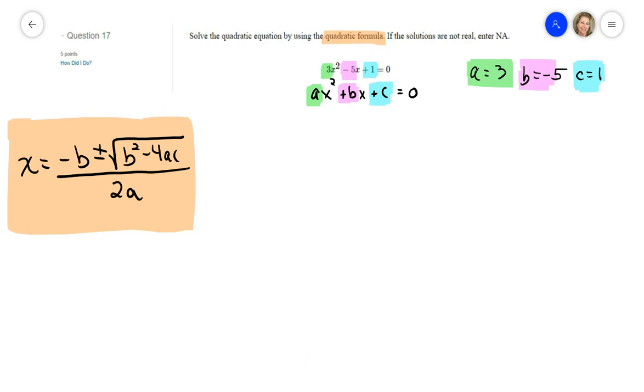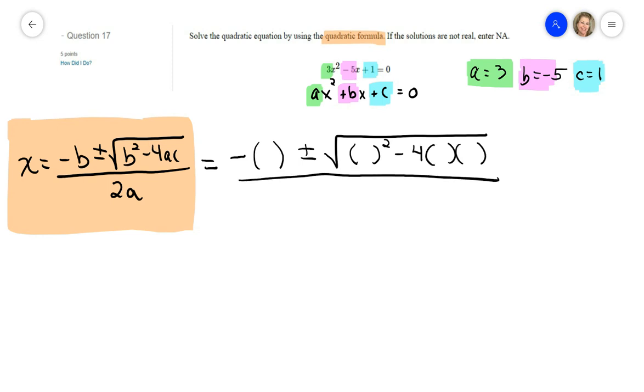Okay, so you go to the quadratic formula, which is right here. And whenever I do this, I always take out every variable and put in parentheses in its place, because back in my day, I didn't have a whole lot of colors to use. It was all just pencil lead or on the chalkboard. So let's see. Where is the a? Because a is in the green.